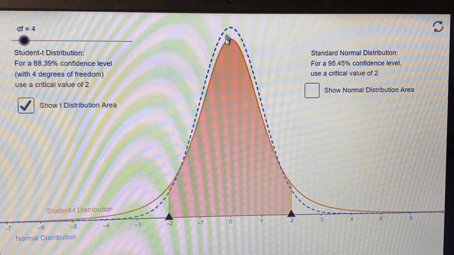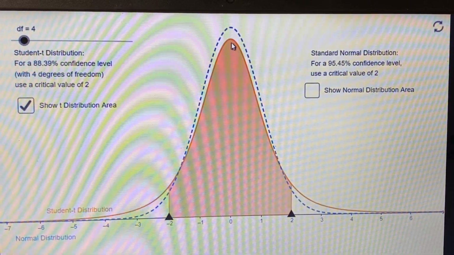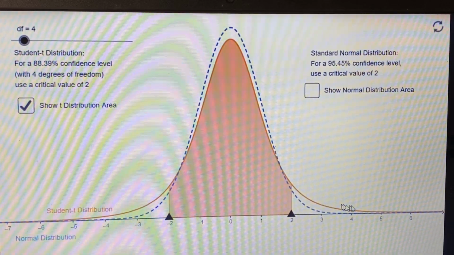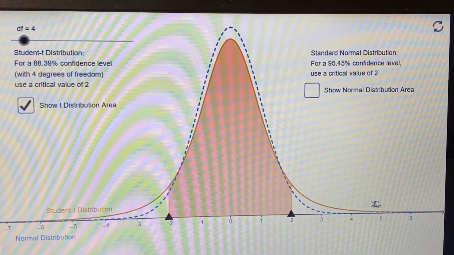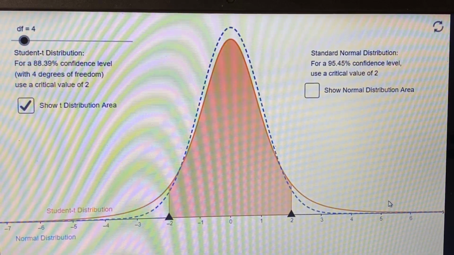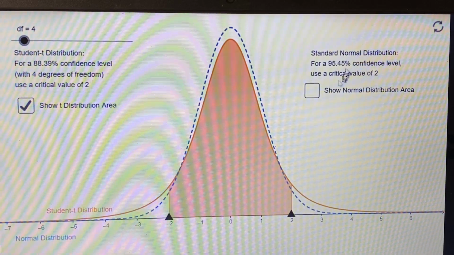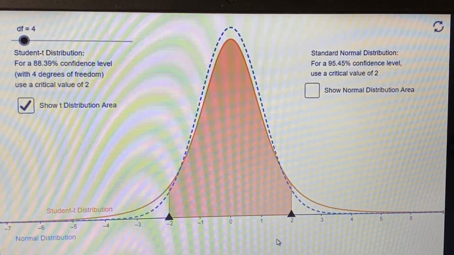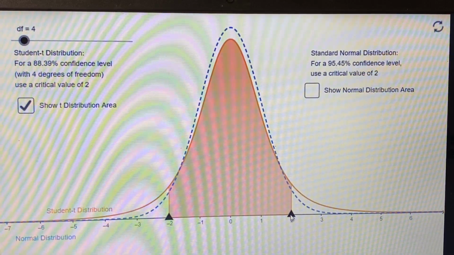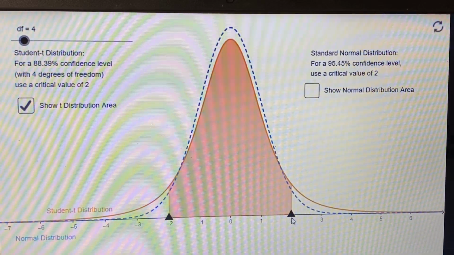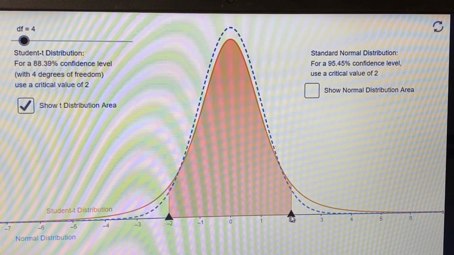Notice how it is squashed down. It's a little bit lower, and then it's wider in the tails because it's more variable. It's more spread out. So right now I have it on a critical value of 2. So there's my critical value of 2. That would be the multiplier, okay? The T or the Z multiplier, all right?